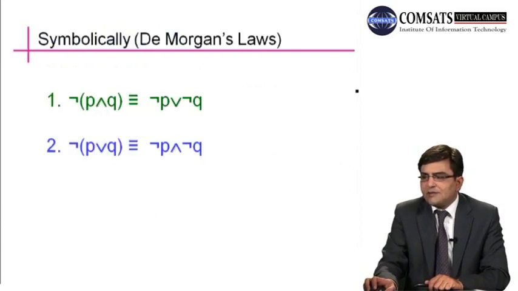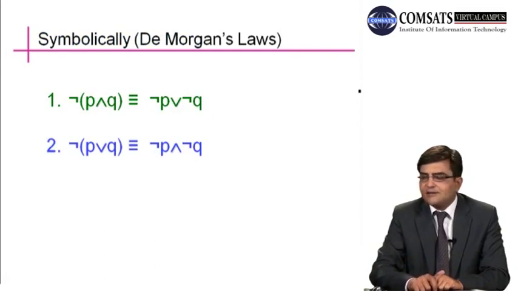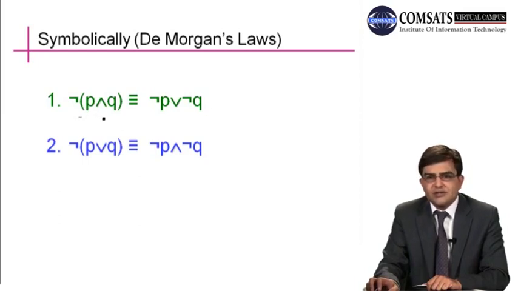Logically, we express De Morgan's laws as follows. The first De Morgan law is for the conjunction. If we take the negation of the conjunction of two propositions P and Q, then the first De Morgan law states that the negation of P and Q is logically equivalent to the negation of P or the negation of Q. And the second law of De Morgan is about the disjunction.